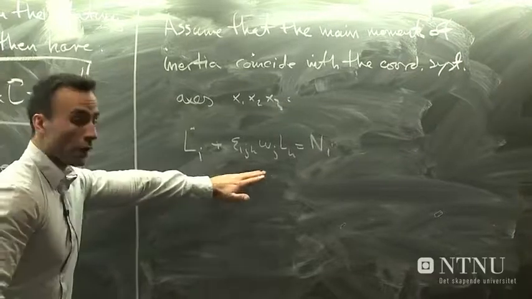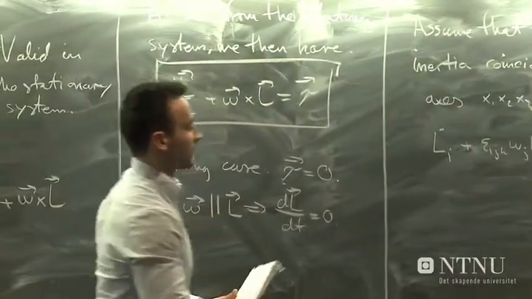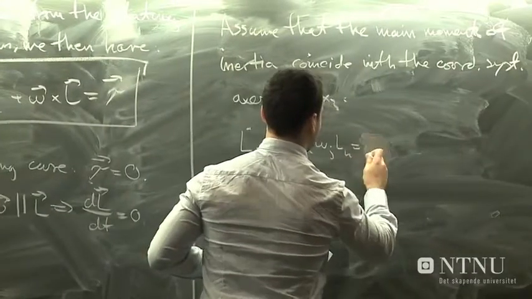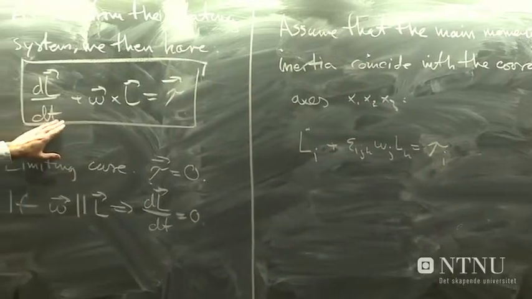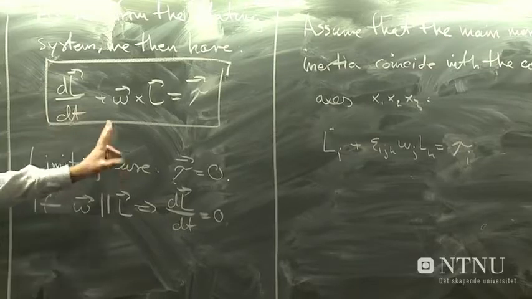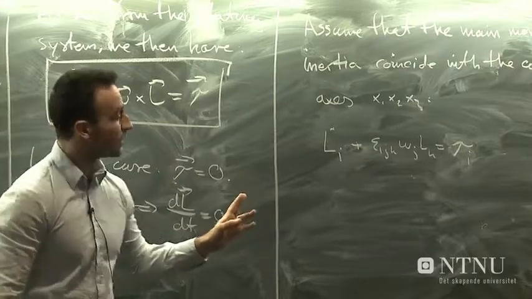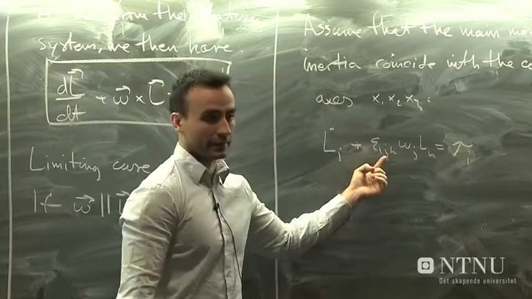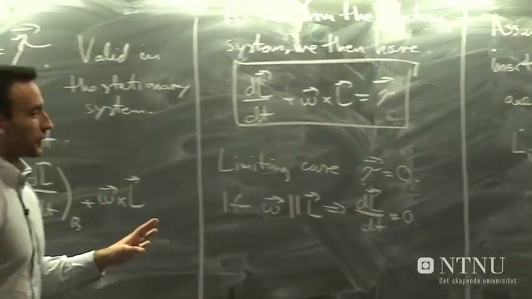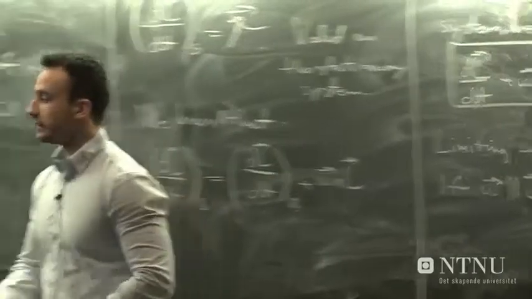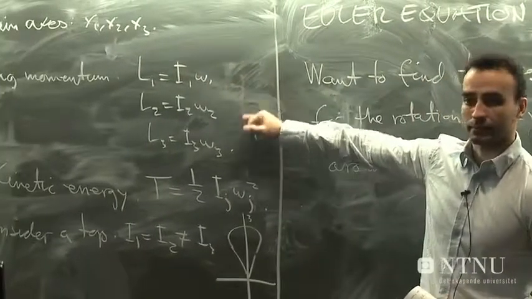Now this is just a component form of this, where I've written it out for each component. And so keep in mind that the cross product here is now represented by the Levi-Civita tensor. Now in this special coordinate system, we know that L can be represented like this.